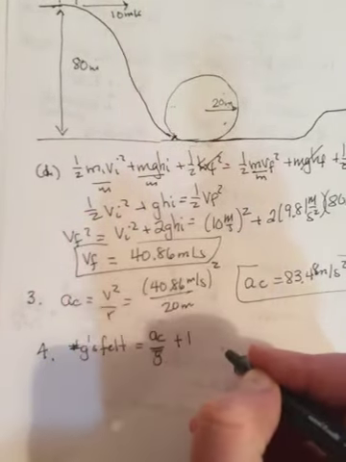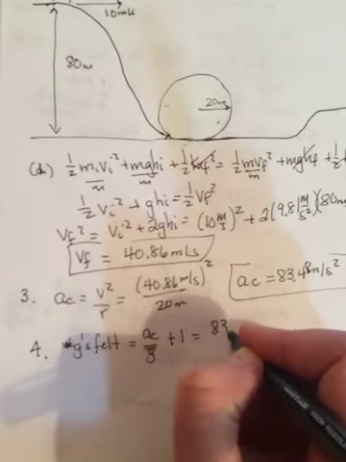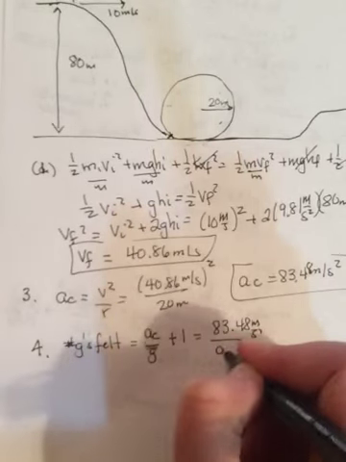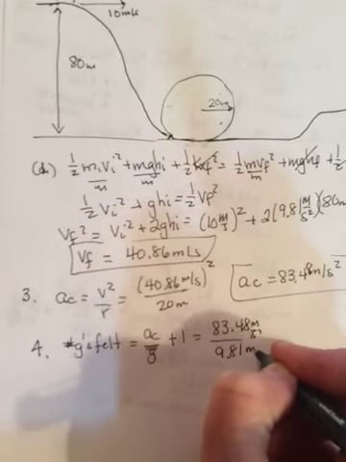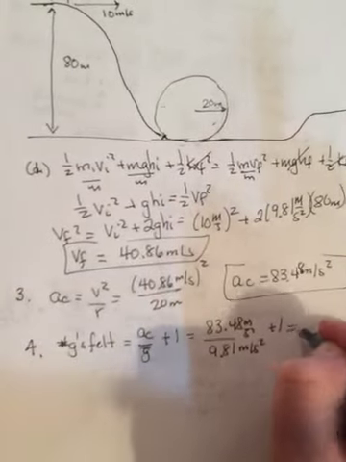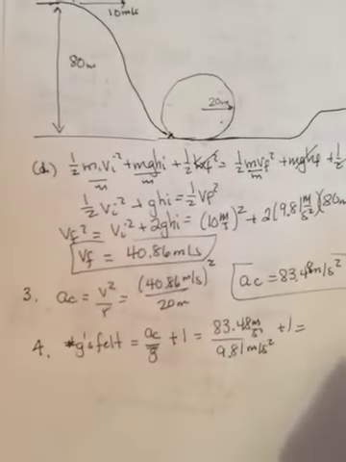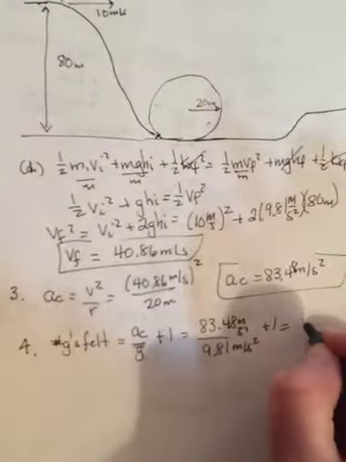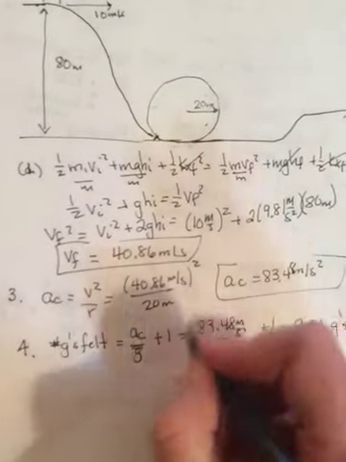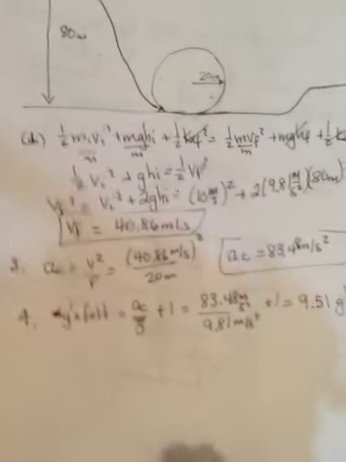At the bottom, you're adding. So 83.48 meters per second squared divided by 9.81 meters per second squared. And then you're going to add 1 to that. And you should get 9.51 g's. You get 8.51 in this part, and then add 1.